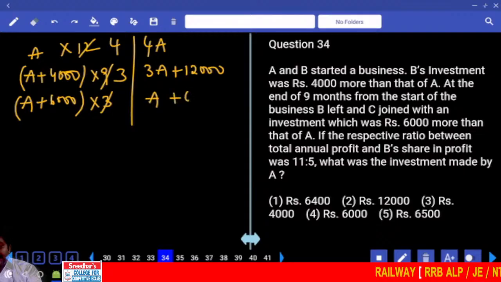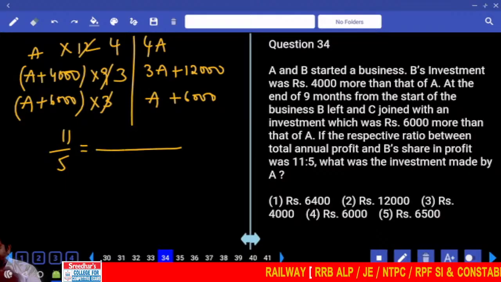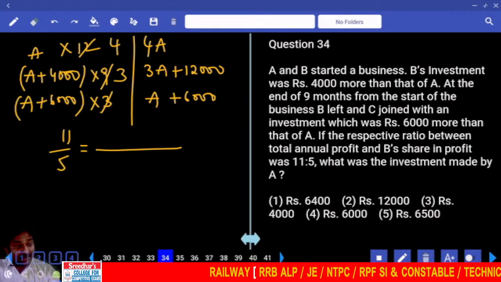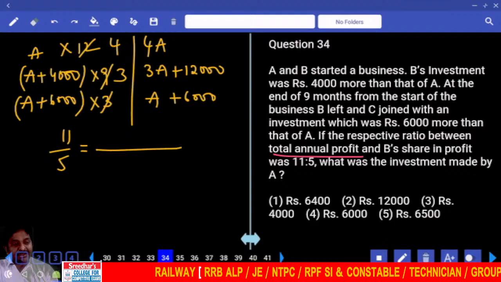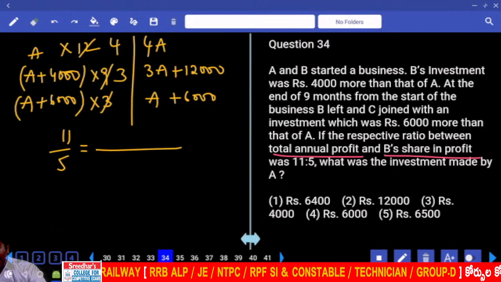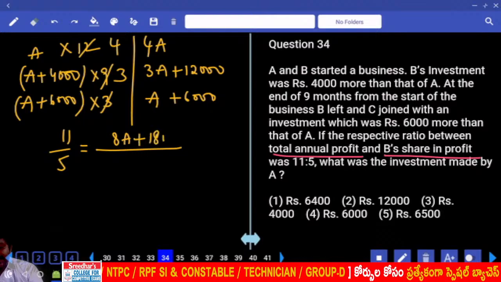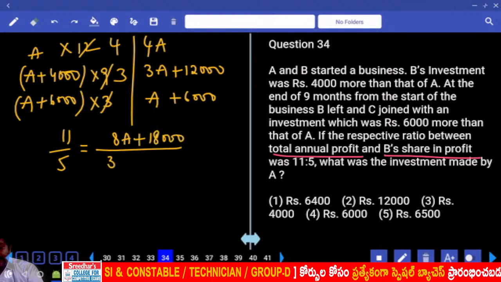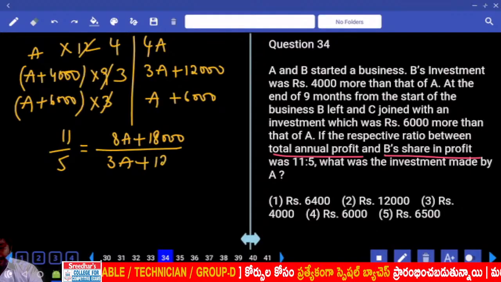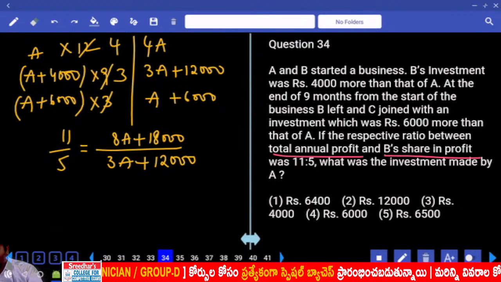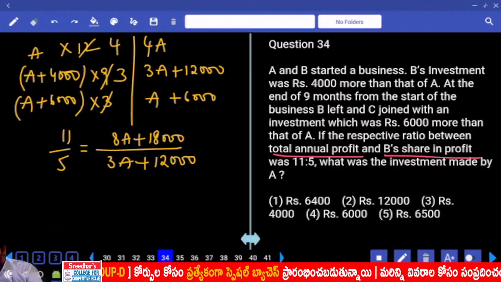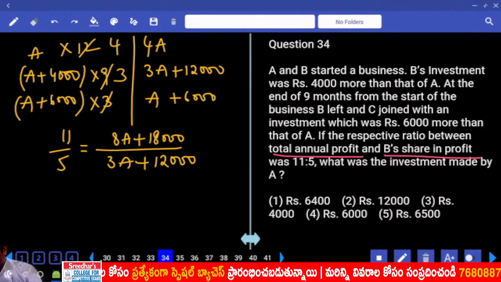A plus 6,000. 11 by 5 is the profit sharing ratio between annual profit and B's profit. Annual profit in the sense 8A plus 18,000, and B's is 3A plus 12,000. 11 into 3, 33. 5 into 8, 40.